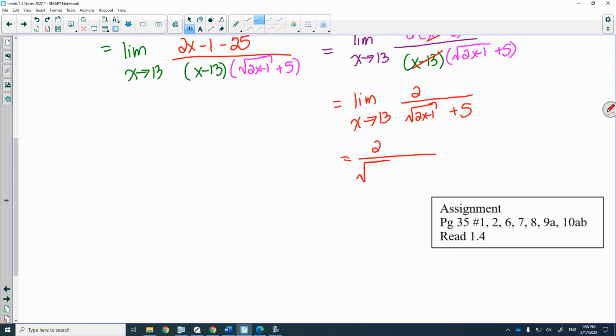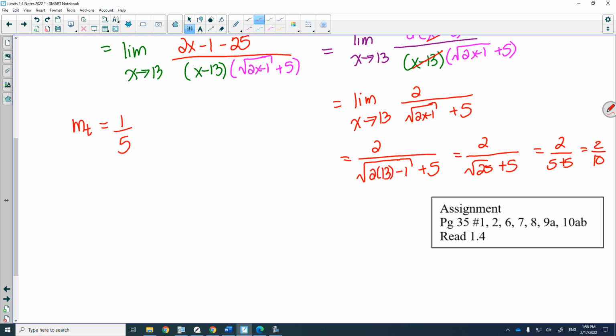So 2 over the square root of 2 times 13 minus 1 plus 5. 2 times 13 is 26. 26 minus 1 is 25. Square root of 25 is 5. And that is going to reduce to give us the slope of our tangent at 1 over 5.